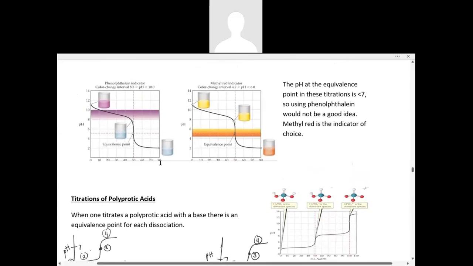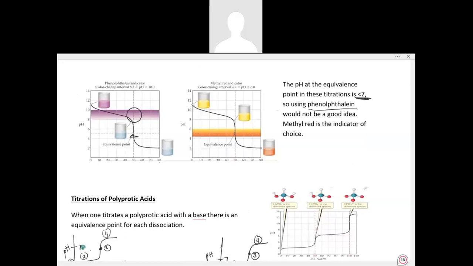One thing to note: when the equivalence point is going to be less than 7, using an acid-base indicator such as phenolphthalein would not be a good idea, because it has a range between 8 and 10 where we see the color change occur. That wouldn't be helpful because our equivalence point is down here.